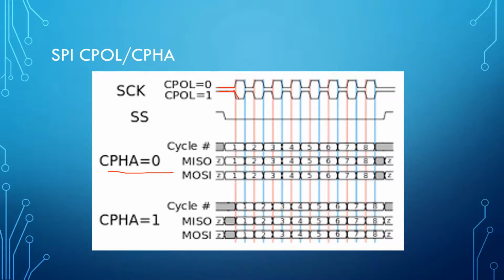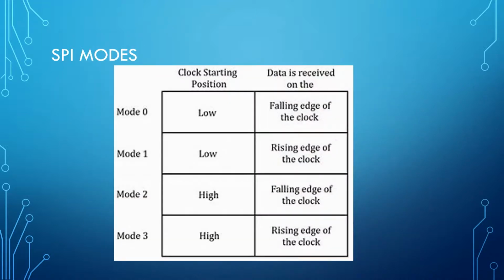When CPHA equals 0, the operation is performed at the falling edge, and when CPHA equals 1, it is performed at the rising edge. On the basis of CPOL values 0 and 1 and CPHA values 0 and 1, there are 4 SPI modes of operation.